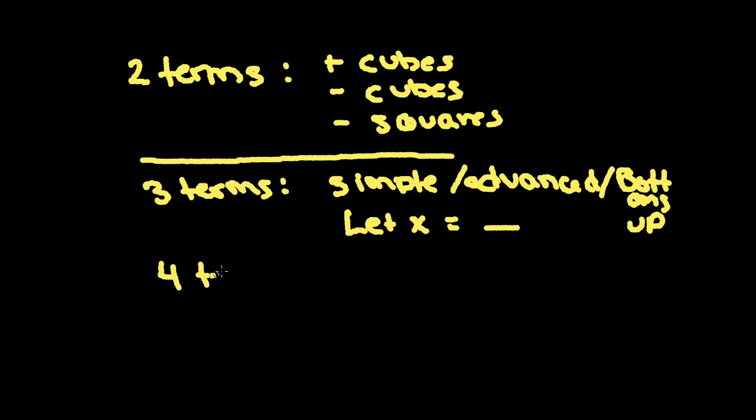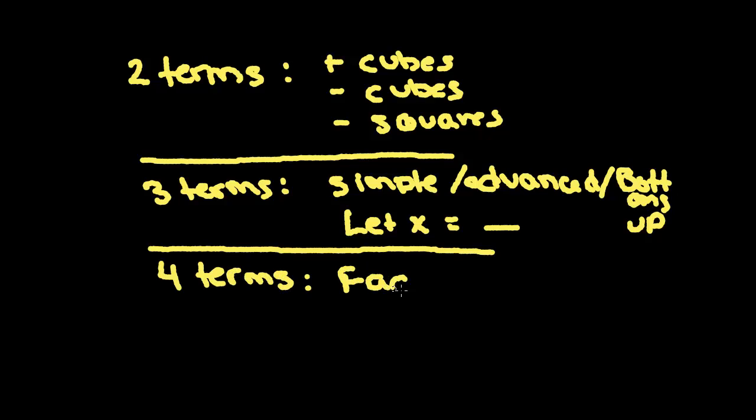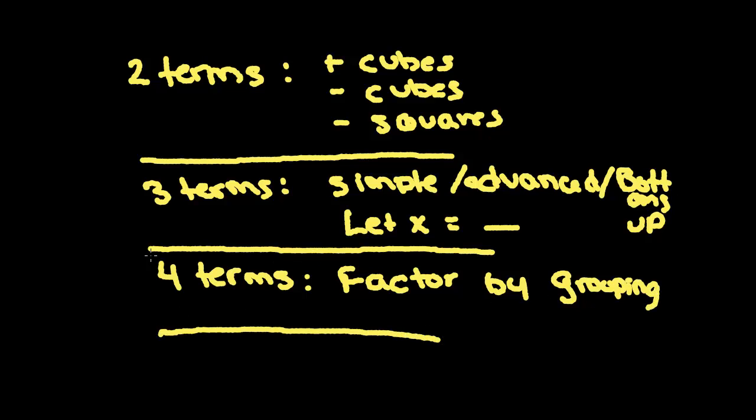If you have four terms, you are going to look for factor by grouping. And when you finish one set of factoring, go back and look at your answer and reevaluate it. Is it a two-term? Is it a three-term? Probably not going to be that. But if it's one of these two-term or three-term answers, does it then fit one of these remaining criteria that you can evaluate further and factor further?